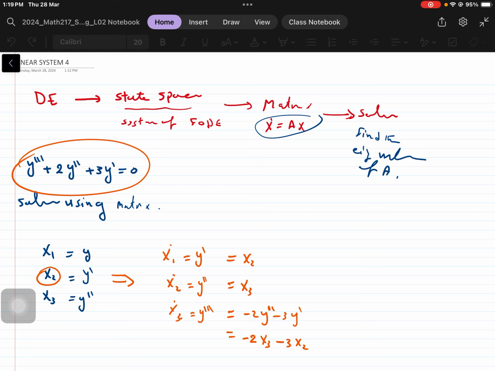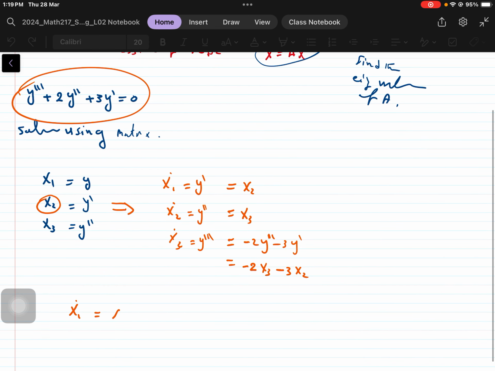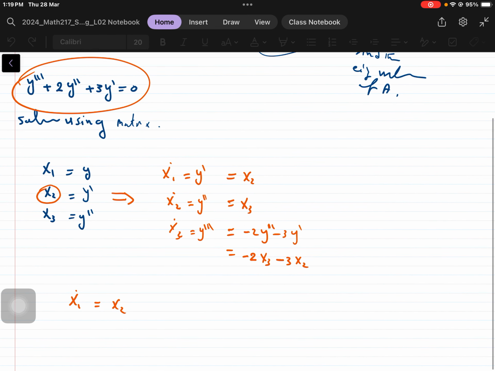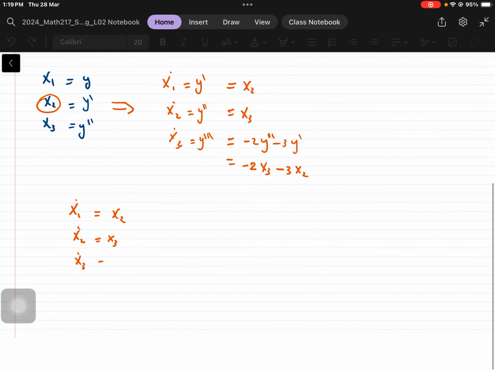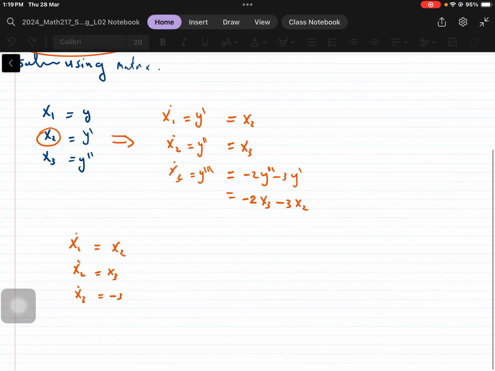So that means the system is x1 dot equal x2, x2 dot equal x3, x3 dot equal minus 3x2 minus 2x3. Right? This is the first step, this is done, which is converting the system into state space.